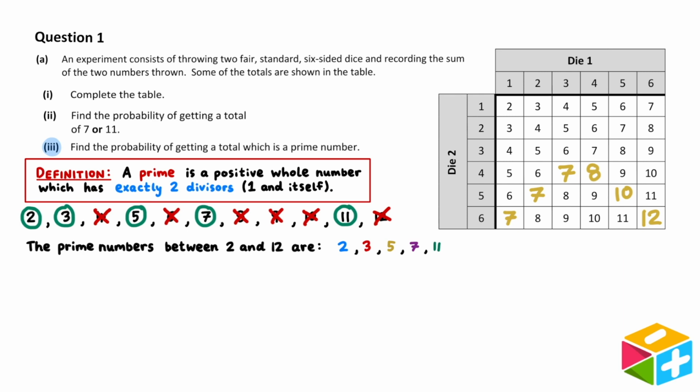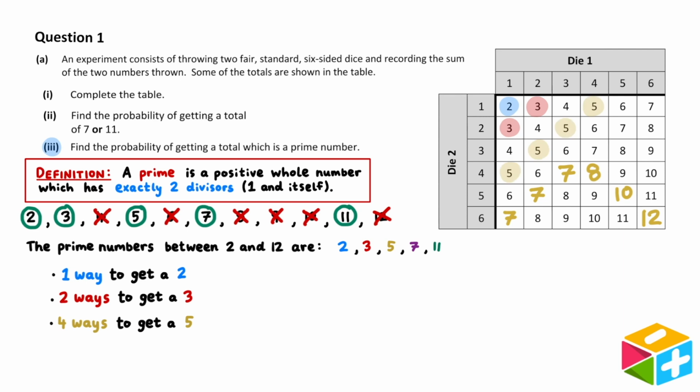Just like the second part of the question, we can count up the number of ways we can get each of these numbers, and then add all these up to find the total number of ways to land on one of these. There's just one way we can end up with a total of 2. There's 2 ways to get a 3, 4 ways to get a 5, 6 ways to get a 7, and 2 ways to get an 11.